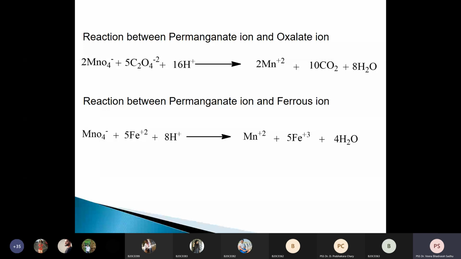In the burette you take KMnO4 and you titrate. Since oxalate is weaker and KMnO4 is stronger, there will be a slow reaction, so to speed up the reaction, you heat it to 60 degrees centigrade.